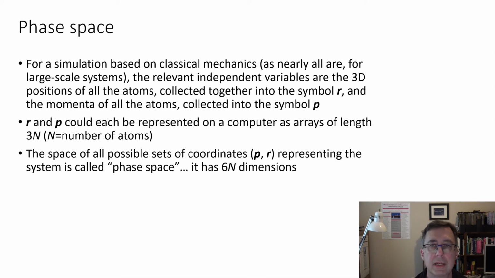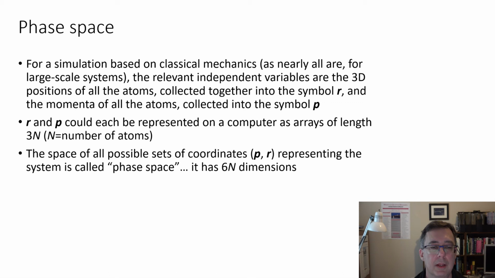So there are 3n coordinates for the locations of the atoms, bold R. And then each atom can have a momentum in the x or y or z direction. So there are 3n momenta coordinates P, and the total number of coordinates is then 3n for R and 3n for P, which gives you a total of 6n coordinates.